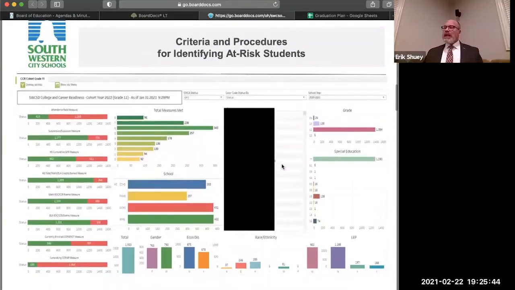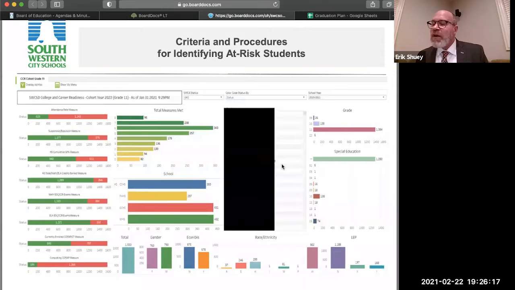So in order to really identify students that may be considered at risk, we have for several years now worked with the Tableau Dashboard that allows us to make some identifications of students that may not be on track to graduate on time. Each grade level, and this is broken down by grade level, will have certain things like attendance measures, suspensions, discipline data, cumulative GPAs.